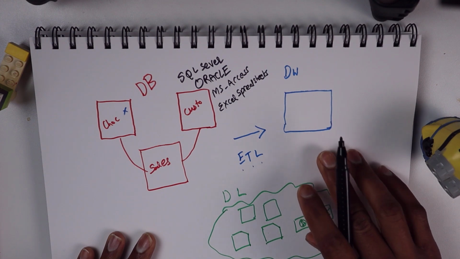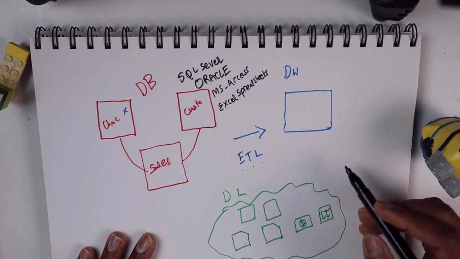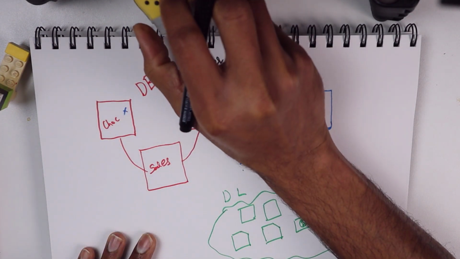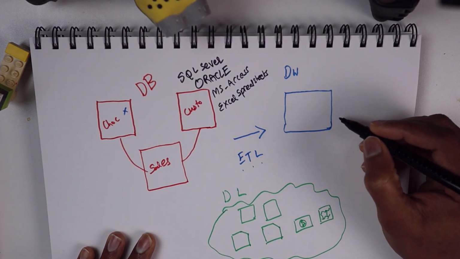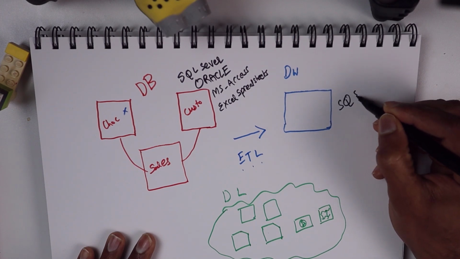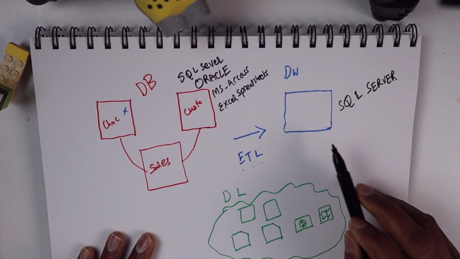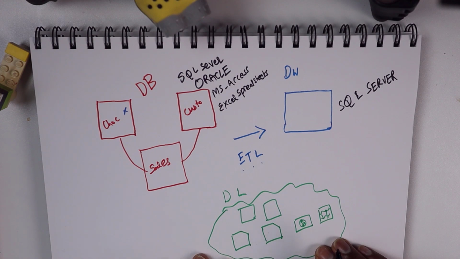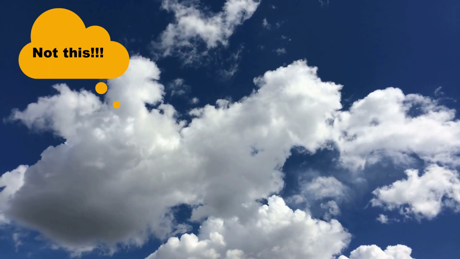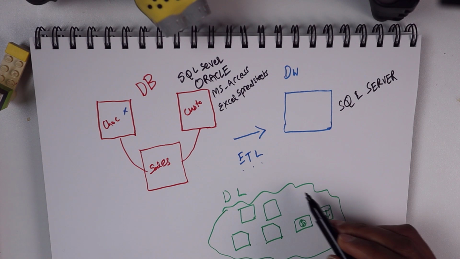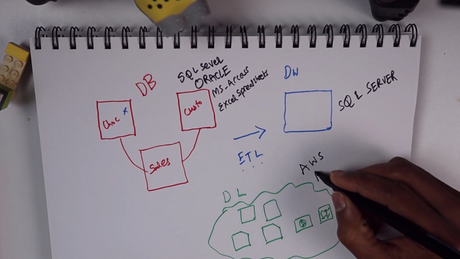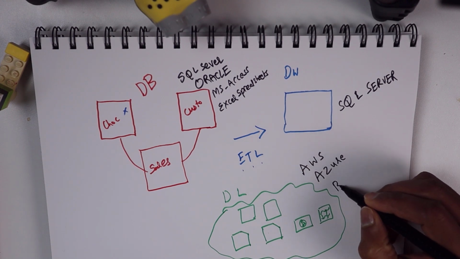So many companies also use a traditional database like SQL Server, but there are also some specialized data warehouse offerings. And when it comes to a data lake, usually the data lake is maintained online, that is on the cloud, but sometimes it could be on the premises as well. Some of the standard data lake platforms are AWS, Microsoft Azure, and Google's BigQuery.